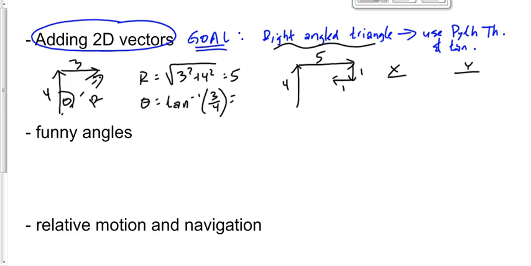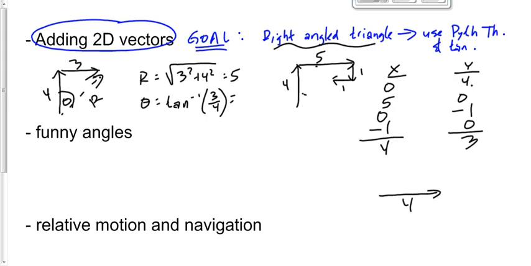We're going to say 0 and 4, 5 and 0, 0 and minus 1, minus 1 and 0. They add up to give me 4 and 3. So we're going to say 4 on the x-axis and 3 on the y-axis.